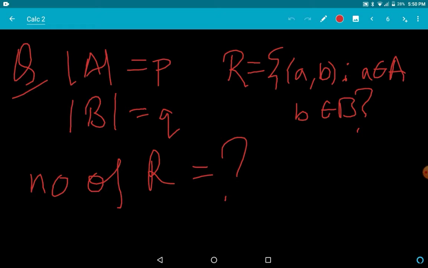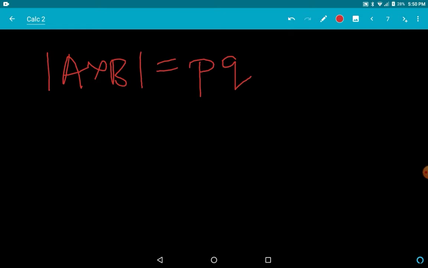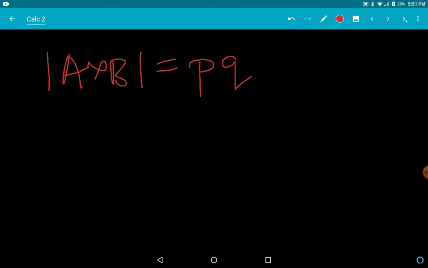I am just waiting for you to solve it, okay. So what is the cardinality of A cross B? Now you tell me this. It's nothing but PQ, understand? And the number of R is nothing but the number of subsets of A cross B, and we know the formula that the number of subsets of a set whose number of elements is n is 2 to the power n.